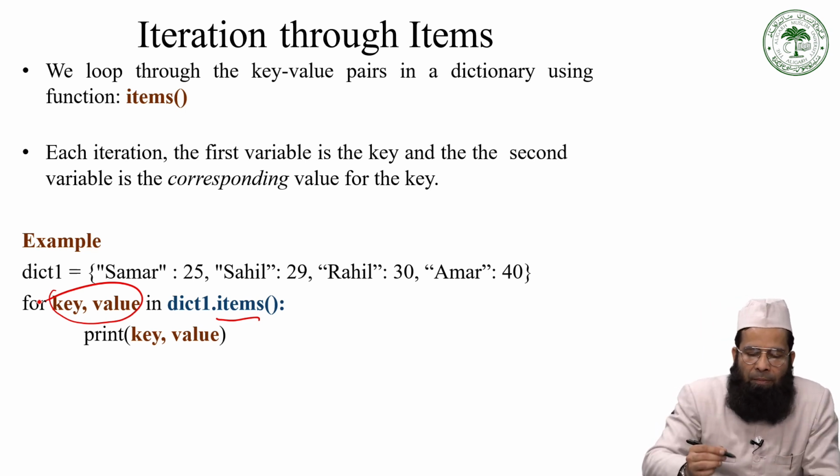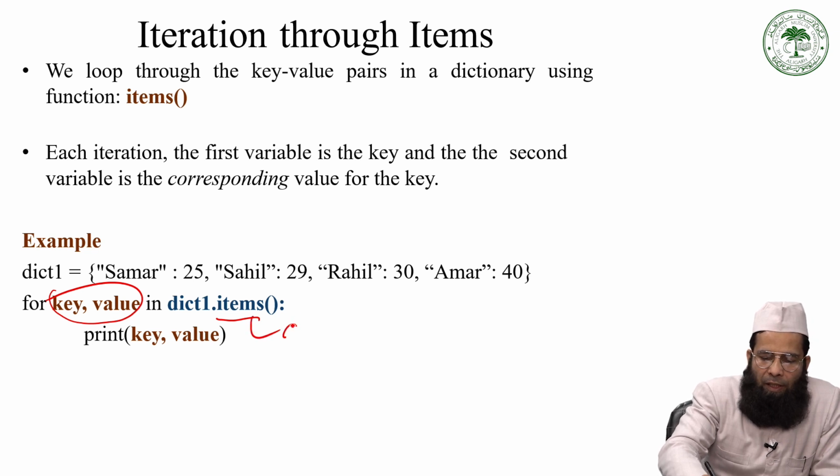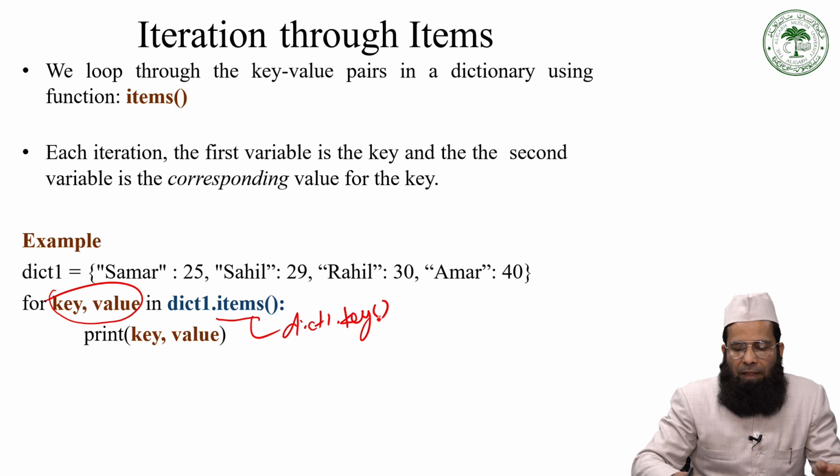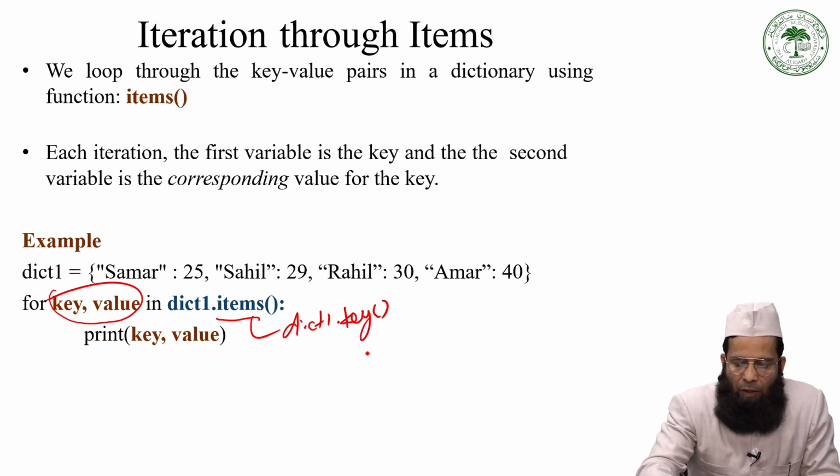Similarly, you have other methods like dict1.keys. It will return the keys, and you can use them. In case of keys, I would write for key in dict1.keys.